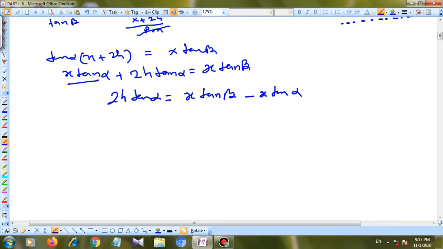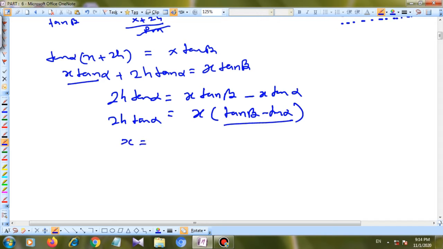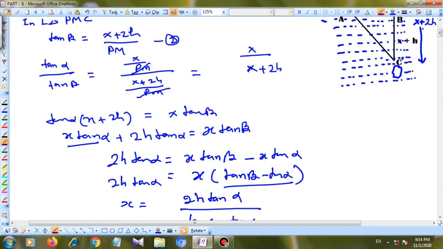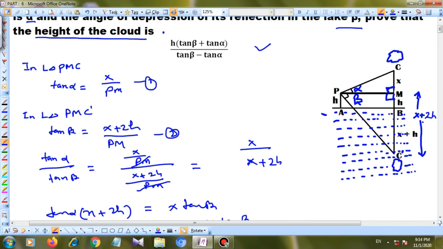So this is 2h tan alpha equal to, taking x as common, x in bracket tan beta minus tan alpha. So the value of x will be twice h tan alpha upon tan beta minus tan alpha. So this is the value of x.